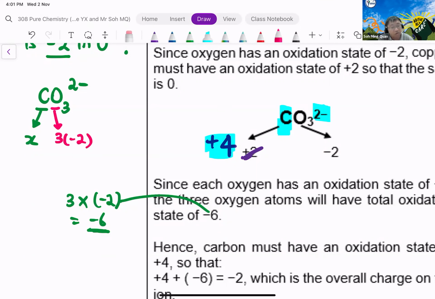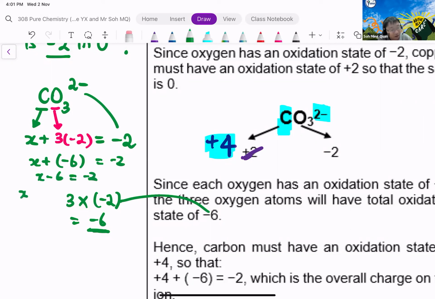There are 3, so 3 times -2. And then it must equal what? Equal to the charge, -2. X plus 3 times -2 equals -2. So X plus -6 equals -2. X minus 6 equals -2. So X is +4.